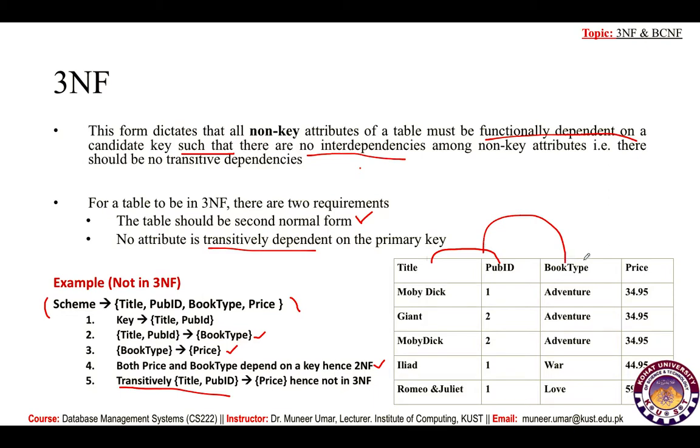The book type is determining the price. So according to these dependencies, we have a transitive dependency that this composite of title and pub ID is also determining the price. So due to this transitive dependency, we can say that this table is not in third normal form.